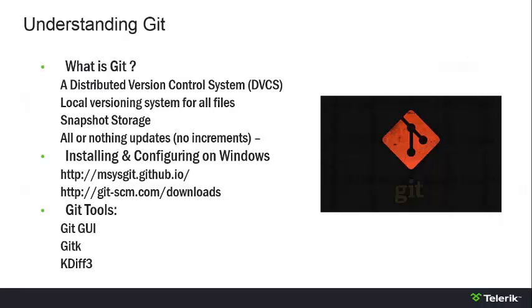GitK is a visualization tool for visualizing the branches that Git has in the local repository. We'll take a look at GitK as well. And kdiff3 is simply a merge tool, a 3-way merge tool really, that helps you merge conflicts.